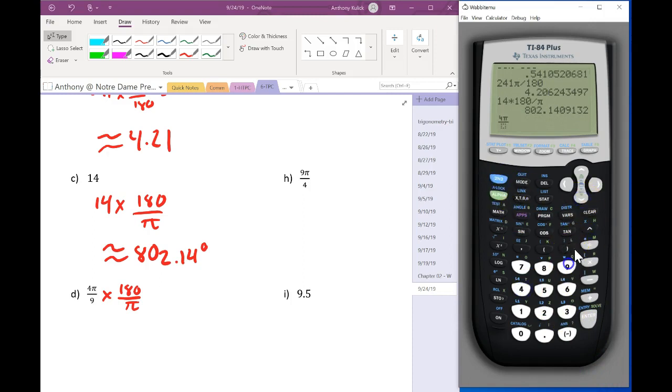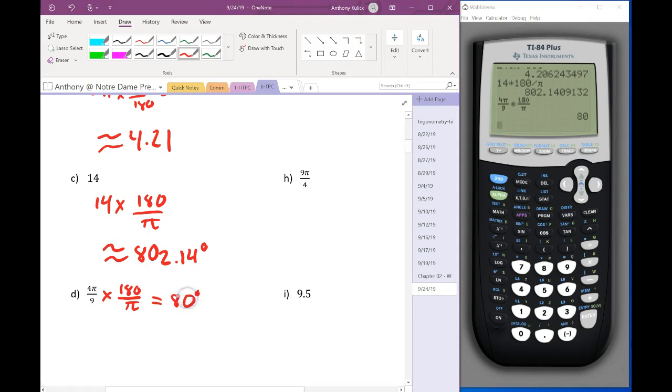Pi over 9, and then times, I'll go back and select the fraction command, 180 over pi. Press enter and I get 80. Here I'll use the straight equal sign because there was no rounding involved.